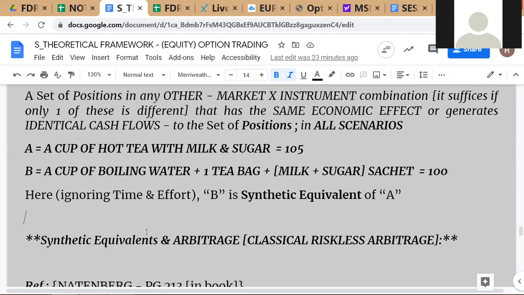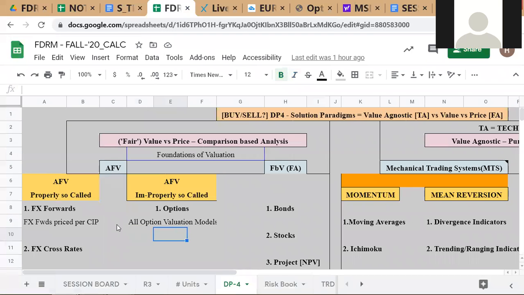Let's continue. Siddharth asked a question at the end of the previous class about why I have included option valuation models in what I'll call, in layman's language, fake AFV. This is true AFV. We can use this language because the terms properly so-called and improperly so-called are taken from the English jurist John Austin, whom you might remember from when we discussed legal positivism in legal aspects of business.